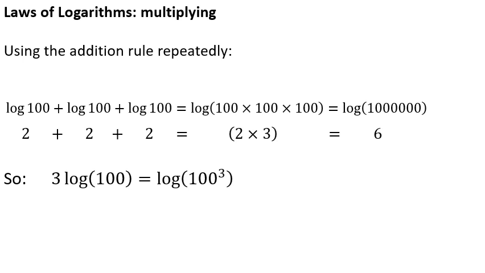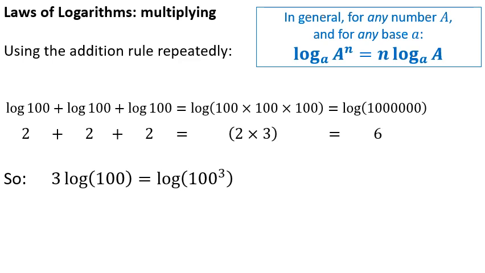But if you have a different base, those numbers change, but they are still valid. They're still equal. If you do 3 lots of log base 2 of 100, that'll be the same as log base 2 of 100 cubed. And in general, we can change that 3 into any other number, including non-whole numbers if we need to. So any number you like.